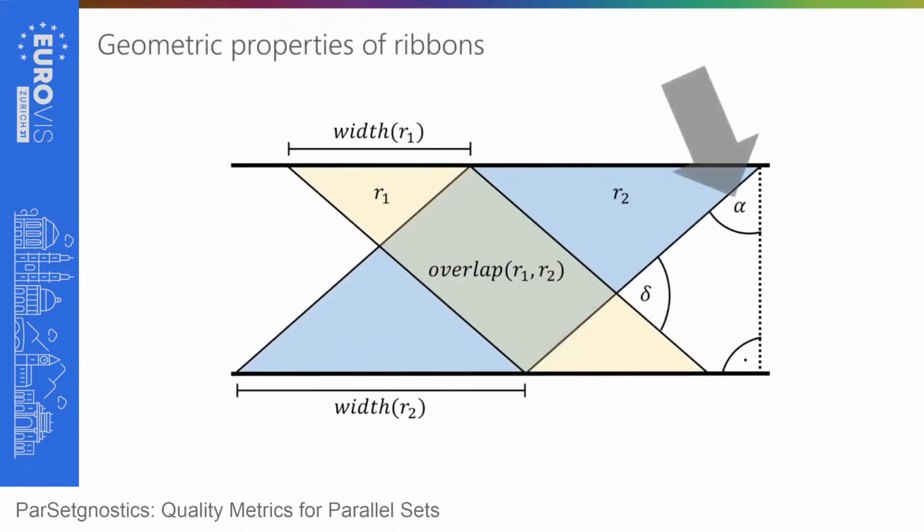The slope of a ribbon is defined by the angle alpha here on the right. This angle is also relative to the dimension axis. We also define the crossing angle delta, allowing us to measure whether ribbons are crossing at a flat or steep angle. And finally, the ribbon width. This is defined as the length of a ribbon's intersection with the dimension axis.